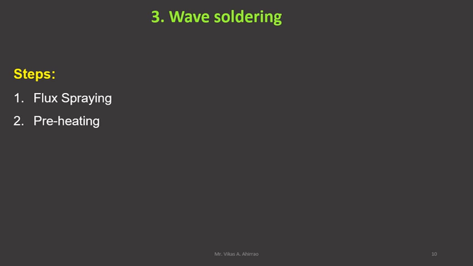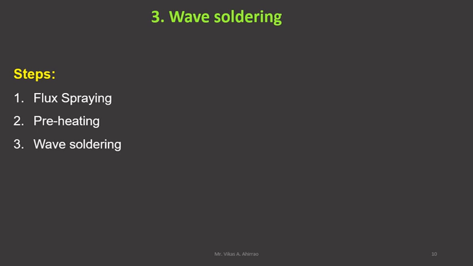In this phase, the temperature of the metals which are to be soldered as well as the flux will be brought up so that the flux will be active and ready to cause the soldering process.